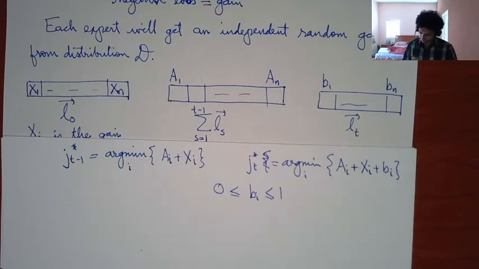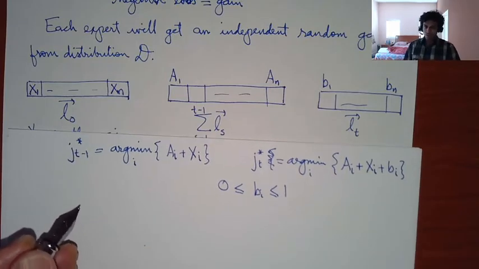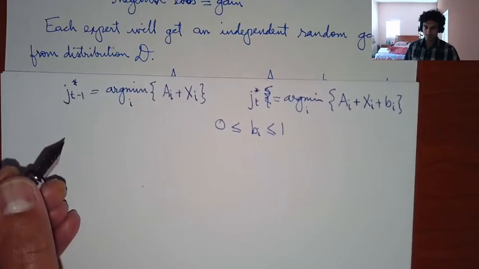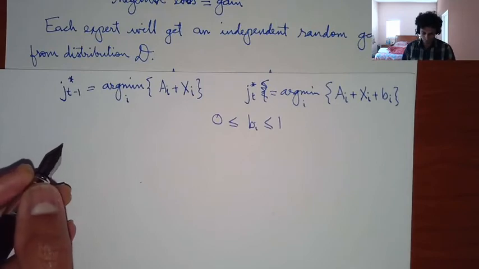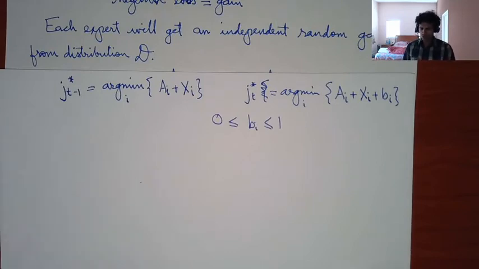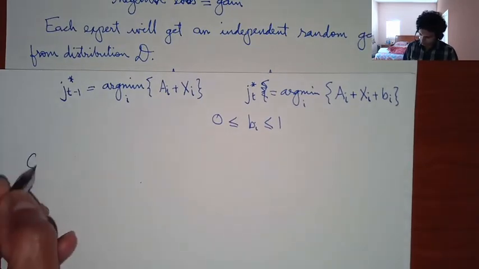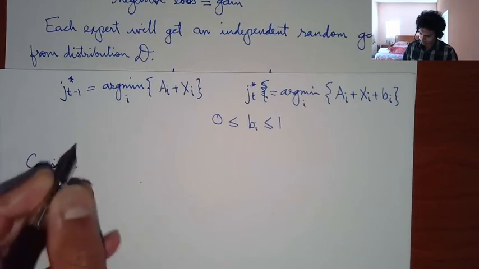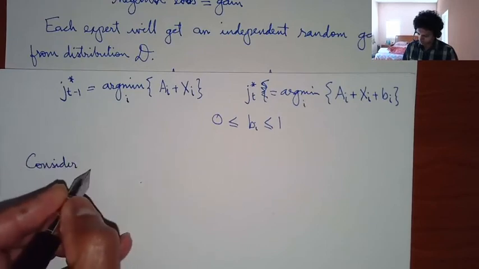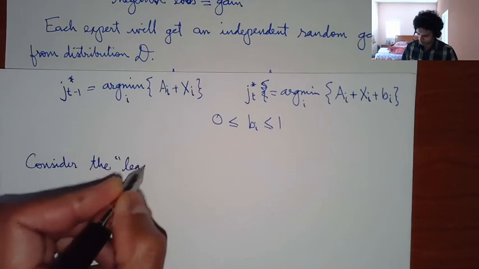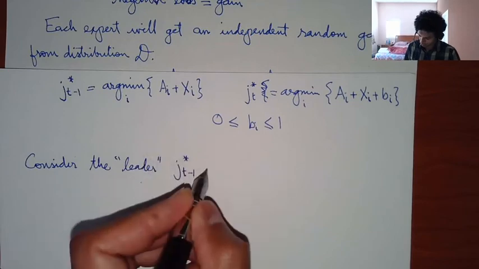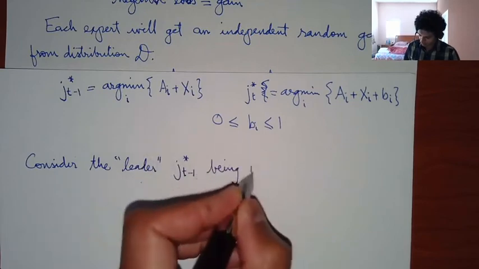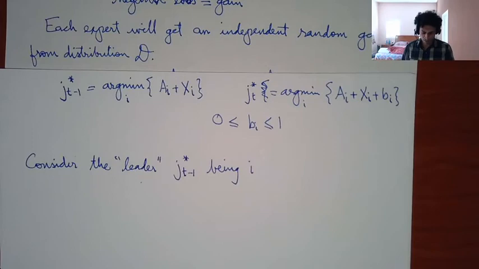Okay. So now let's understand what this is. Just to keep the indices a little cleaner, consider the leader, that is the best expert. So consider the leader J_{t-1}^* being i.